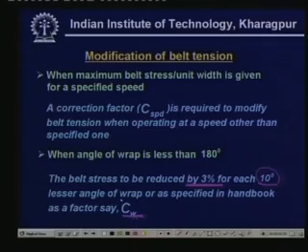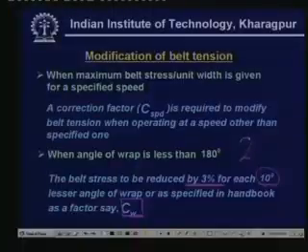So, what we have learned in these two slides is how the specifications are given in a design data book. That means one has to know the material and the belt stress per unit width. In certain cases things become very simple: directly considering all these aspects of wrap angle or different speeds, a gross value of the belt stress may be considered.